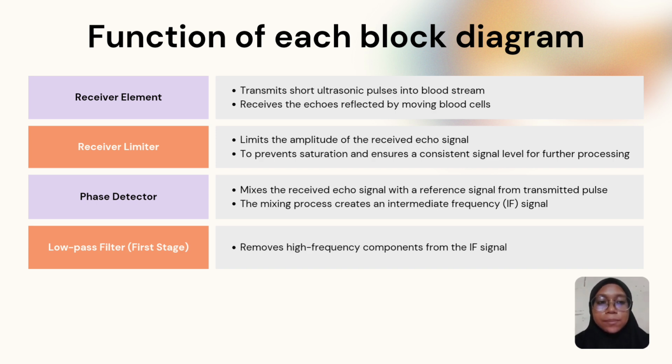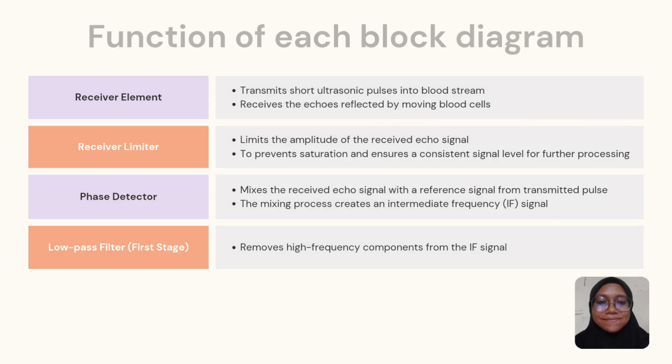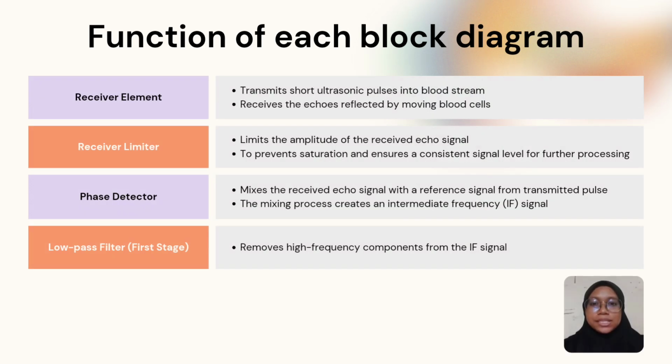These high-frequency components can interfere with the Doppler information encoded in the phase variation of the IF signal. The filter allows only the relevant lower frequencies to pass through, preserving the Doppler information. This initial processing chain prepares the signal for further analysis.